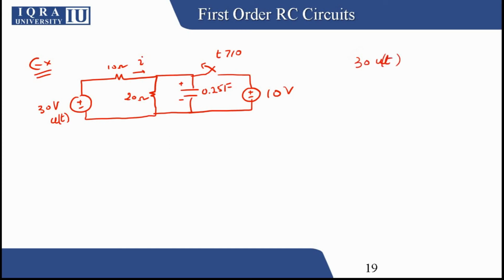u of t is a function which has only two values, 0 and 1. For t less than 0 it is 0, and for t greater than 0 it is 1.